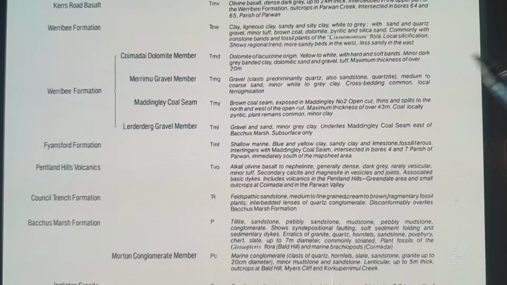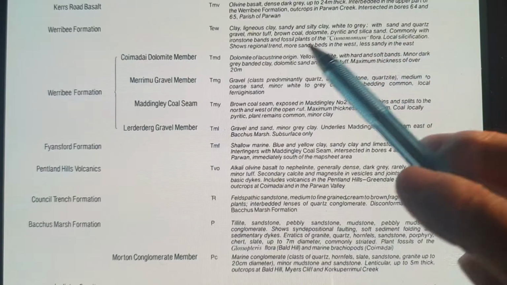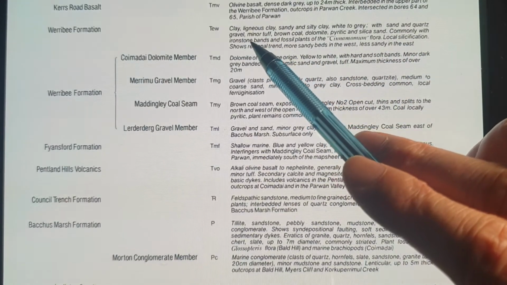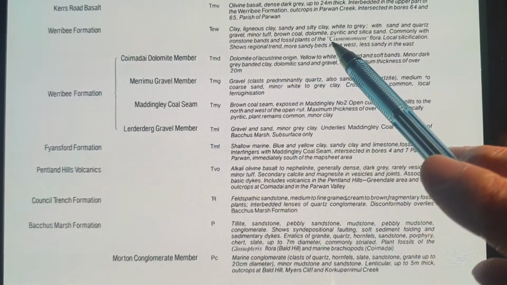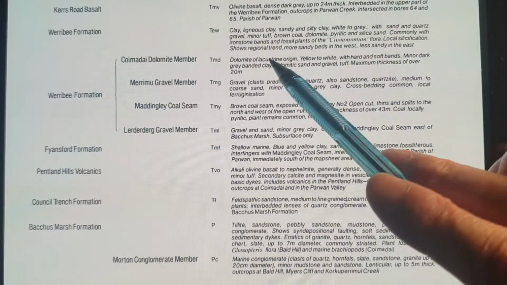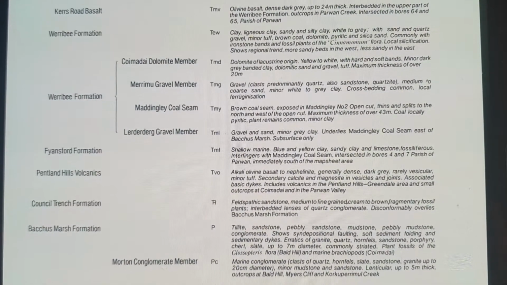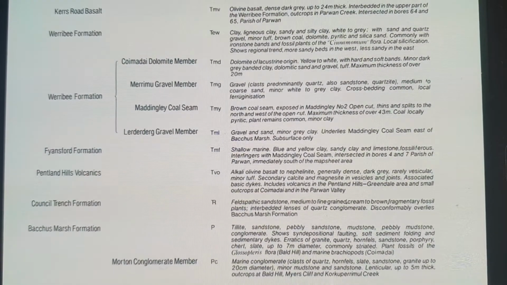And then we have the TU, the Werribee Formation. That might be a little bit down south. It has ironstone bands. They'll be interesting. Plant fossils of the Cinnamomum flora. And that's basically the earliest fossil formation.